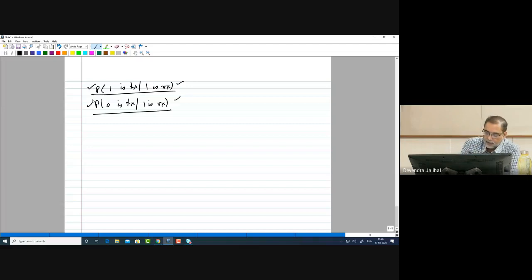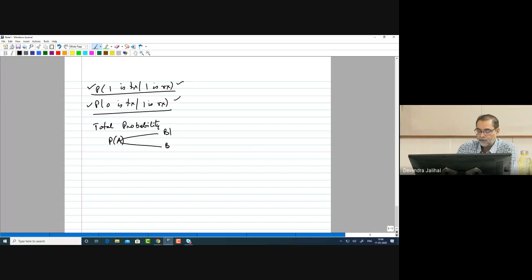Okay, so two ideas that I've used. One of them is what is called the total law of probability. The total law of probability says an event A may not be observed of its own. Some A is observed when event B1 happens.